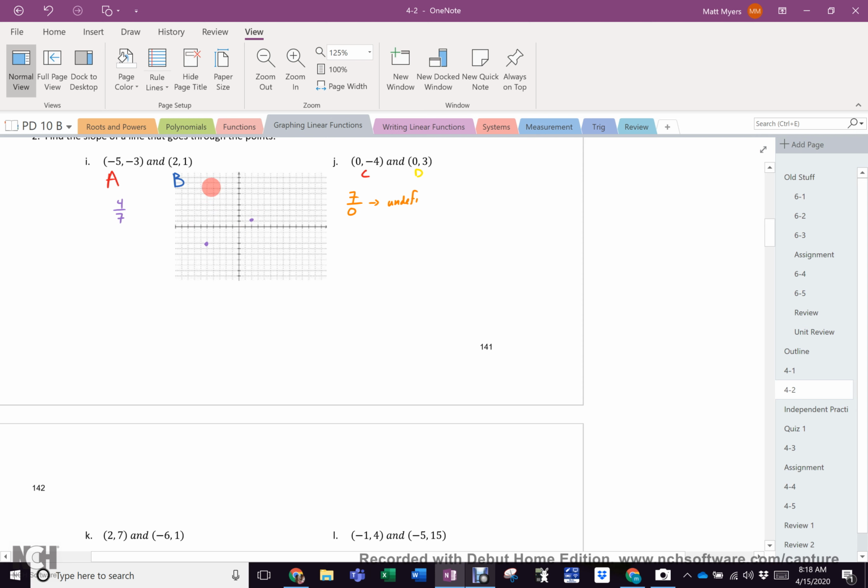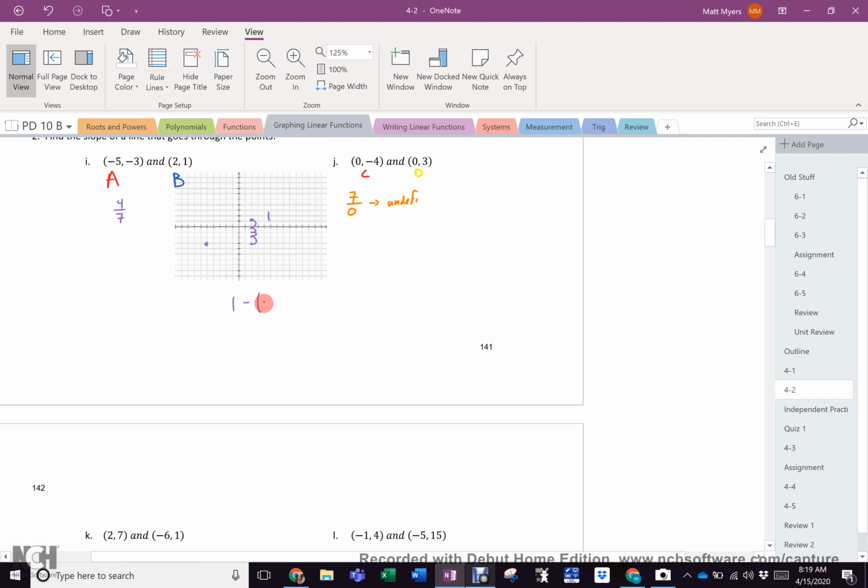Now, you're smart kids. Up and down is rise, right? So this guy was 1 up and down. And here was negative 3. So I went down 1, 2, 3, 4. So I had 1, right?